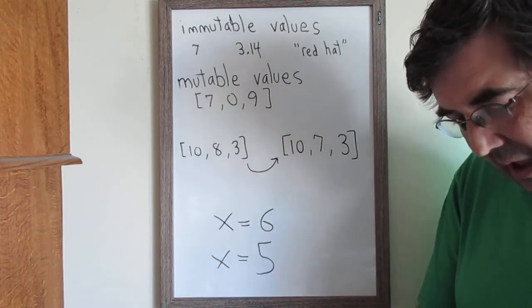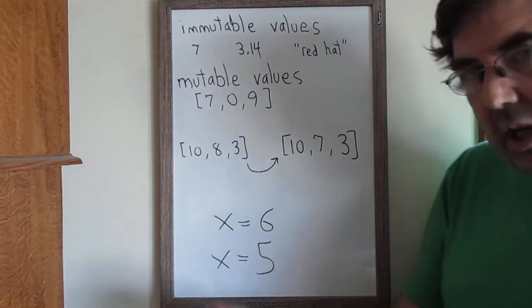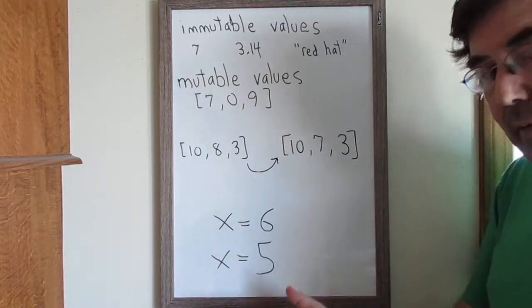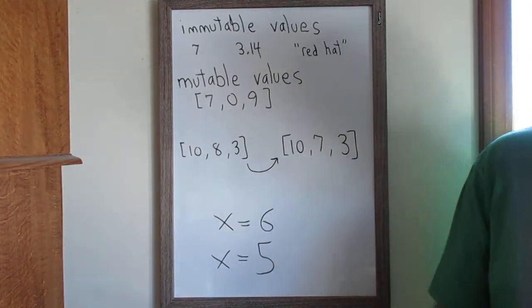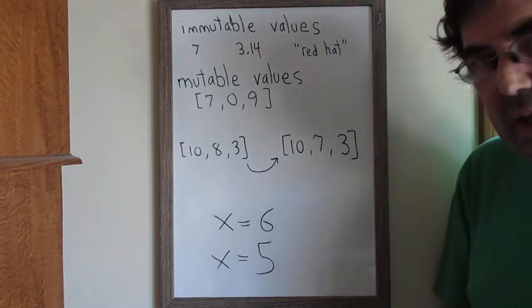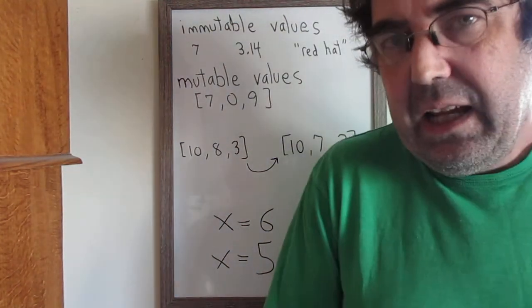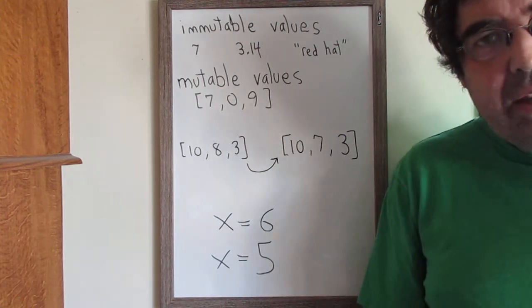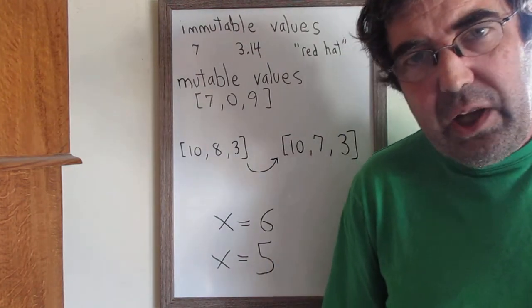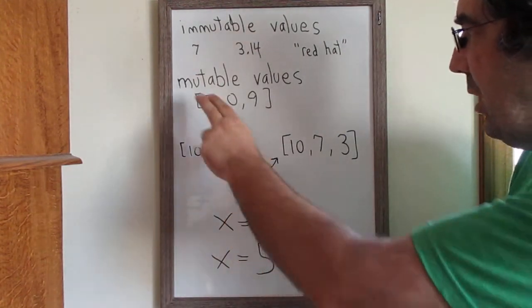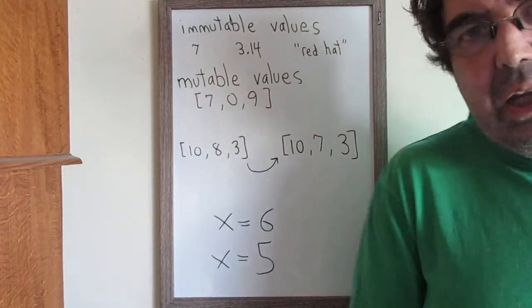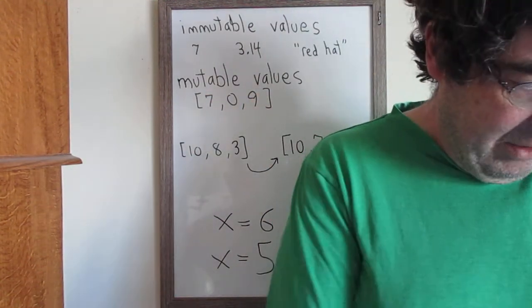That's not what I'm doing. I destroy the value 6. There is no value there anymore, and then I put a new value there. And when I do that, that is not the situation that I am talking about when I'm talking about mutable values. I know that's a subtle example.